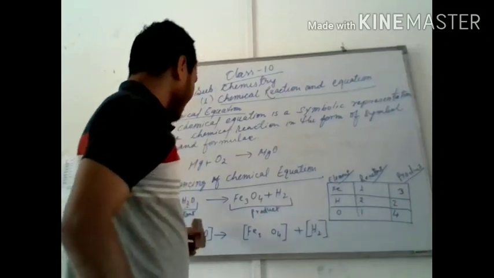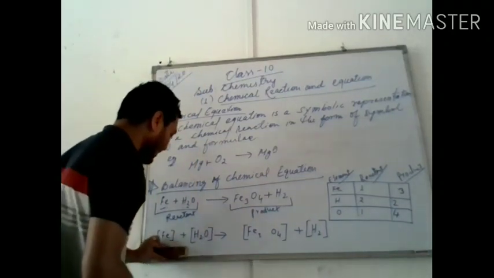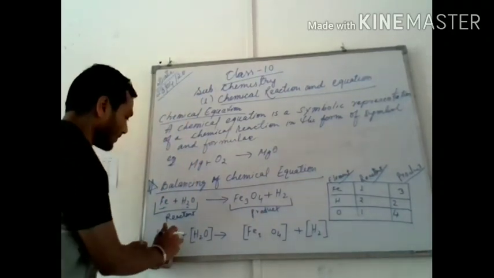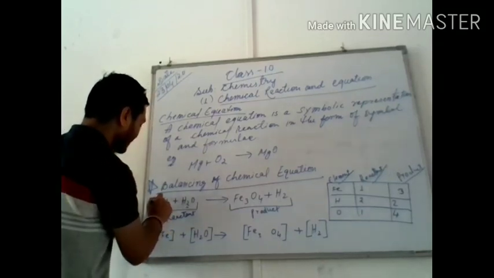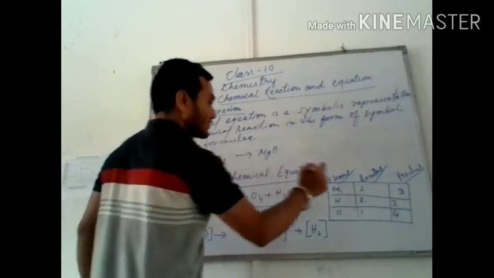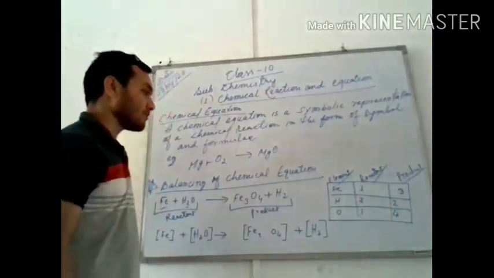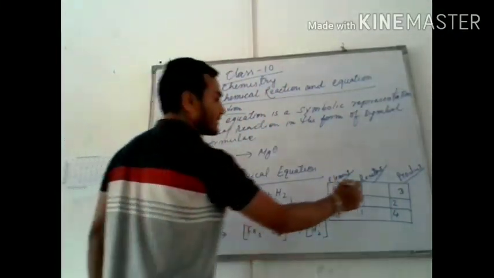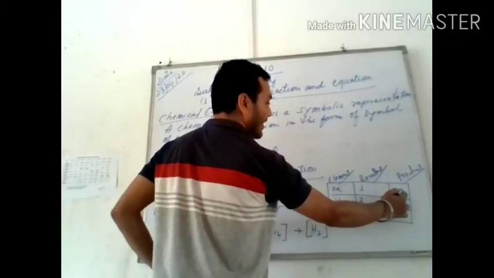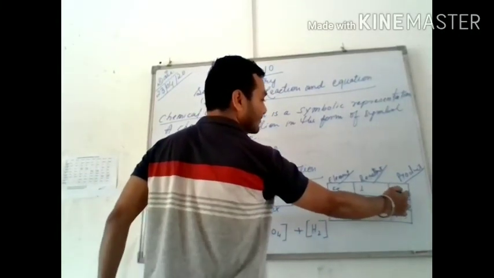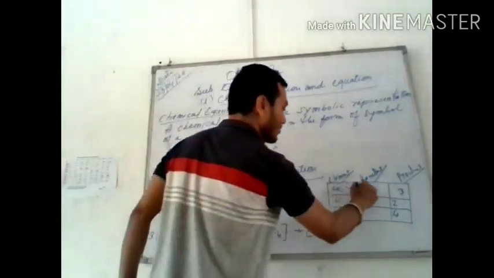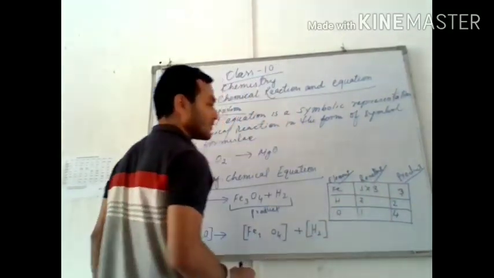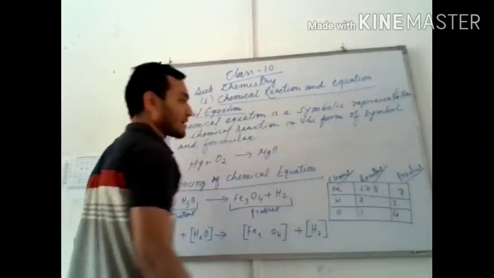Just beforehand I have made a box in this way to write a new one. Since it is not in a balanced form, we are going to do balancing. Here in the product the atoms of iron are 3, so we write 3 here and multiply this with 3 now. So now iron is equal in reactant and product.